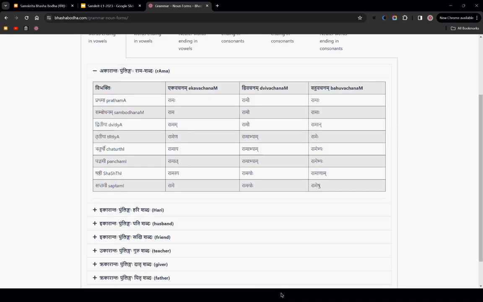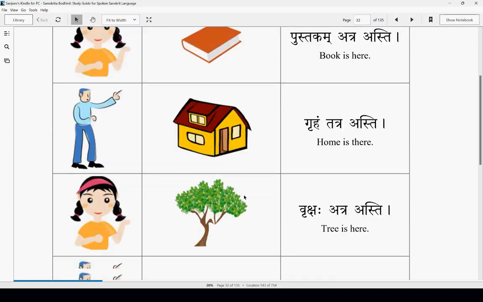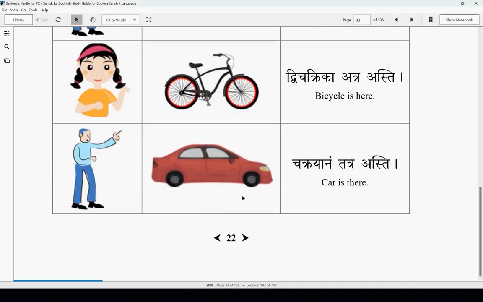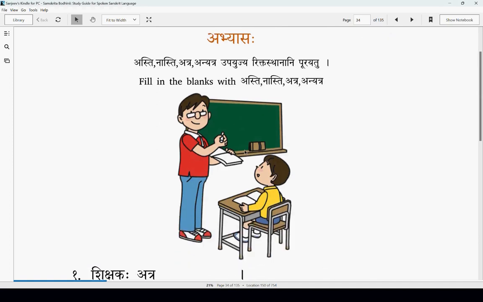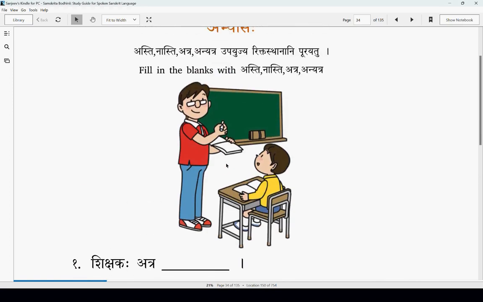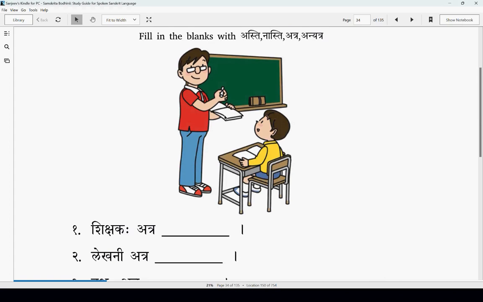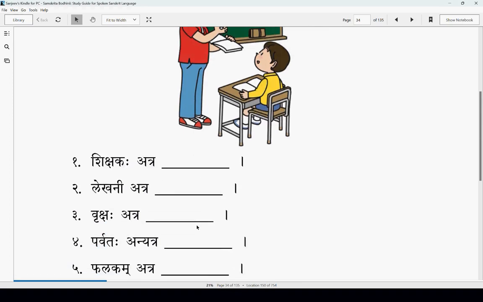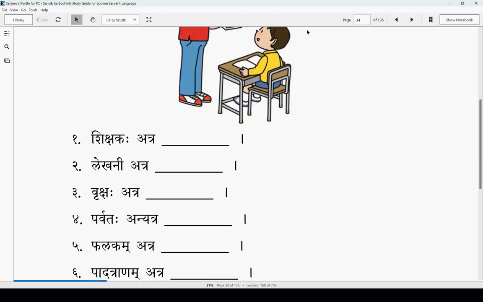Looking at the picture, you can complete this with asti, nasti, anyatra, atra. शिक्षकः अत्र अस्ति. लेखनी, we don't see लेखनी, we can see लेखनी अन्यत्र अस्ति, लेखनी अत्र अस्ति. वृक्ष अन्यत्र अत्र given here. आसन्दः means chair, अत्र अस्ति.